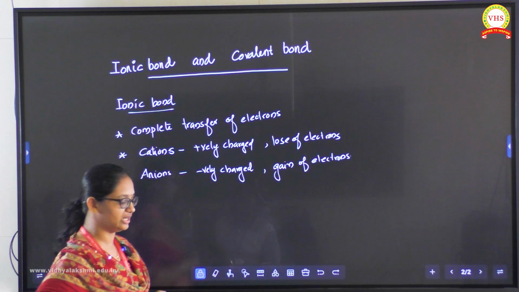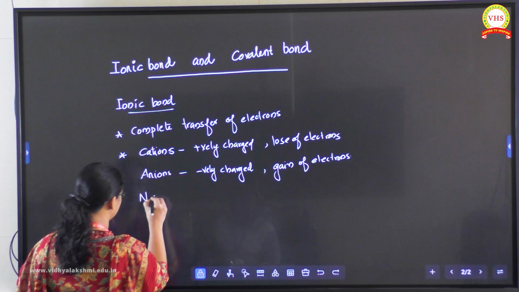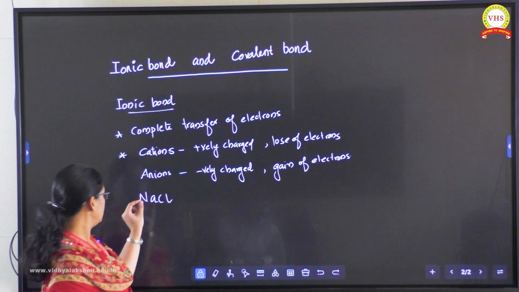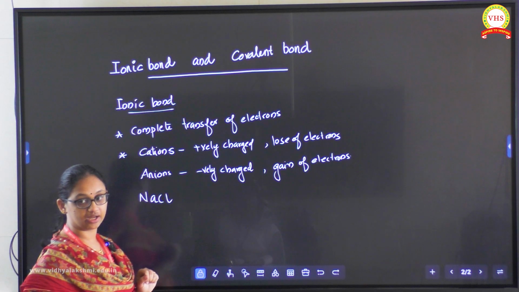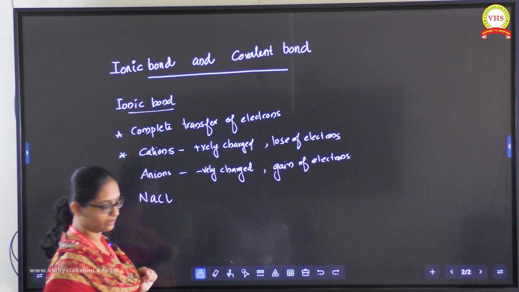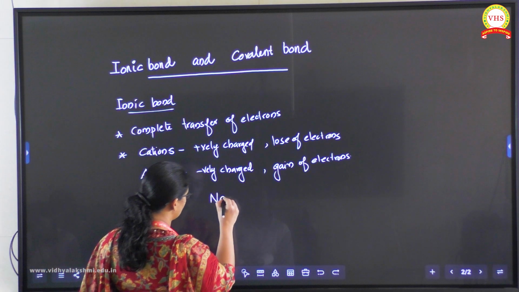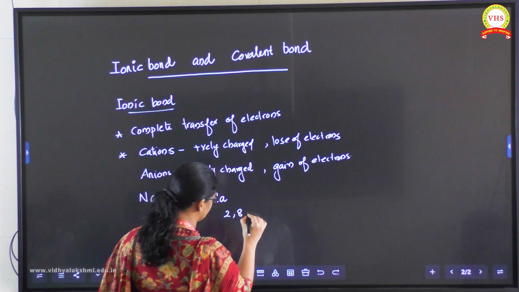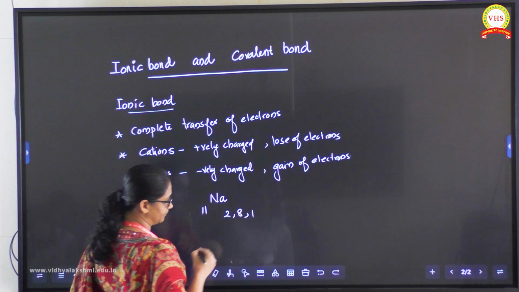One example is the NaCl compound. In this NaCl, the participating atoms are sodium and chlorine. Sodium atomic number is 11, electronic configuration is 2,8,1.